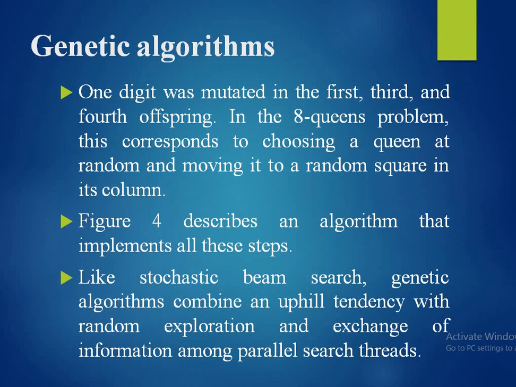Figure 4 describes an algorithm that implements all these steps. Like stochastic beam search, genetic algorithms combine an uphill tendency with random exploration and exchange of information along parallel search threads.